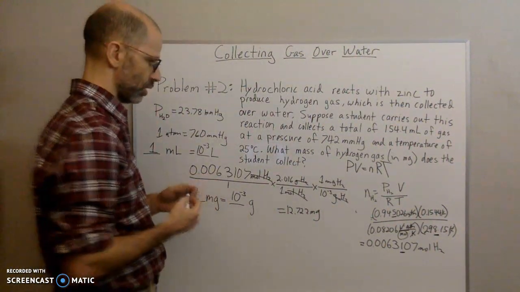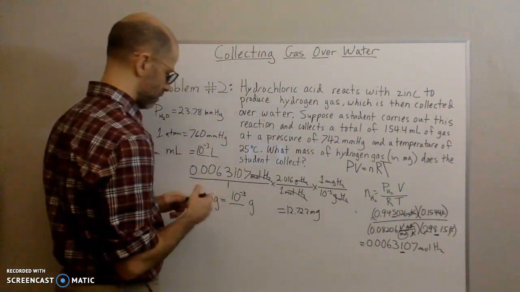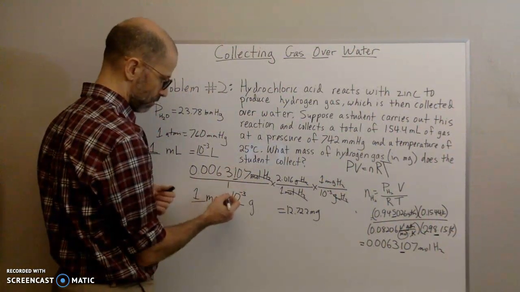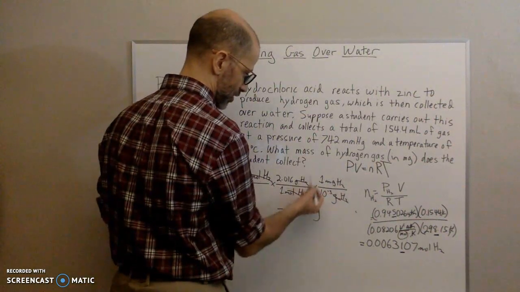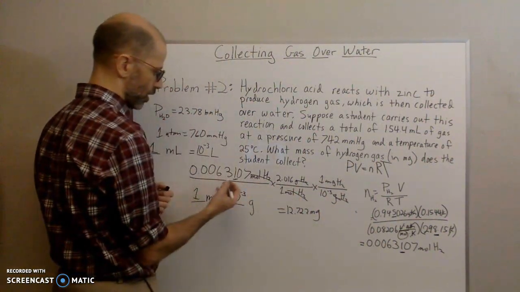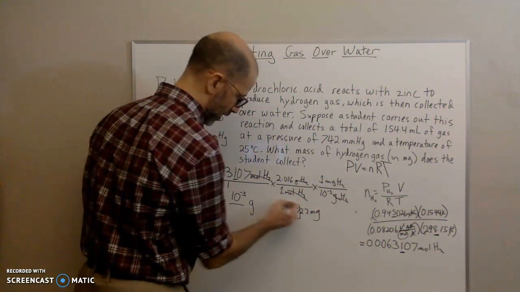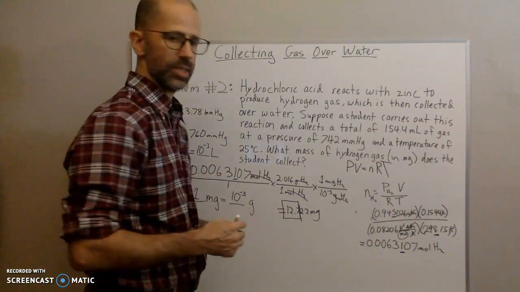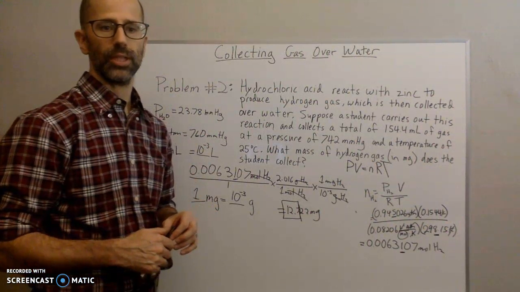And then I need to double check my sig figs. So remember the 1 here is my last sig fig. So I have 3 sig figs here. I have 4 here, and this is exact, so I can ignore that. So 4 and 3. So the least number is 3. So this is my last. That's my final answer. So 12.7 milligrams of hydrogen gas is what was collected.